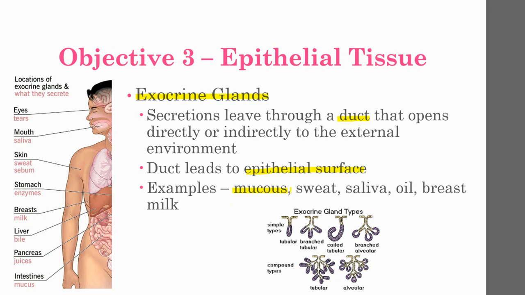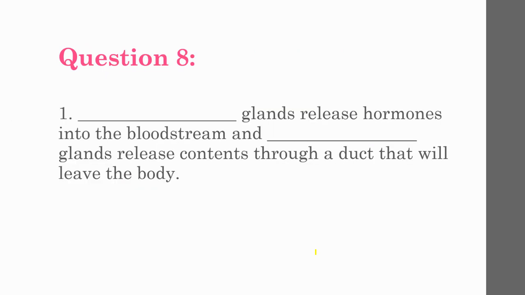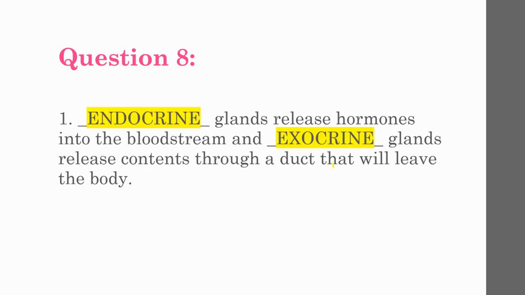And so it really just depends on where they're going, but the key is they are going to secrete their secretions into a duct directly to a nearby tissue. And so blank glands release hormones, and blank glands release contents through a duct. Endocrine is hormones, and exocrine is ducts.